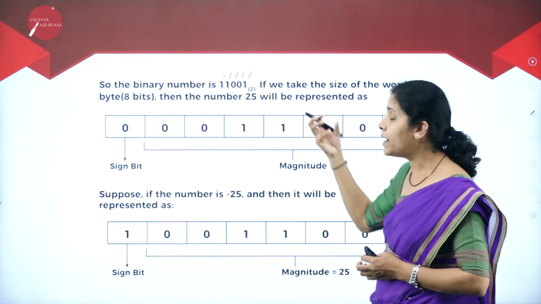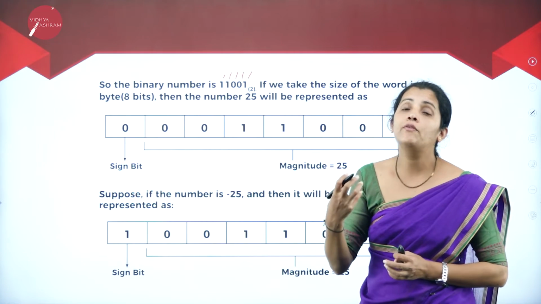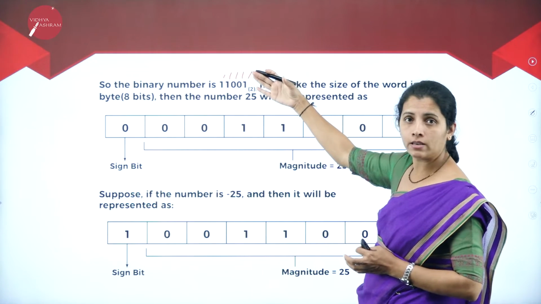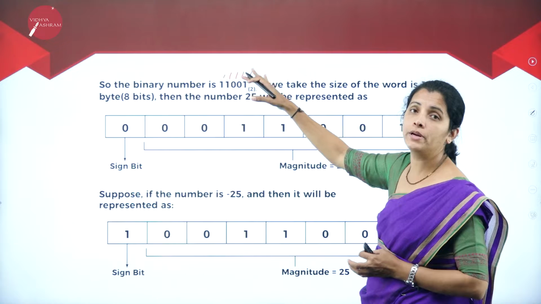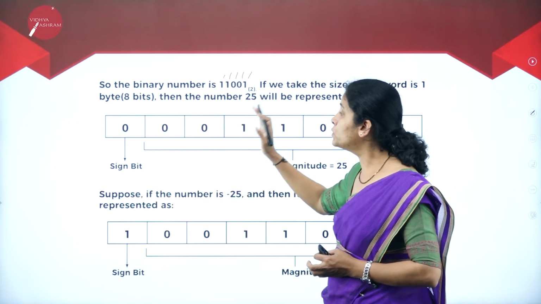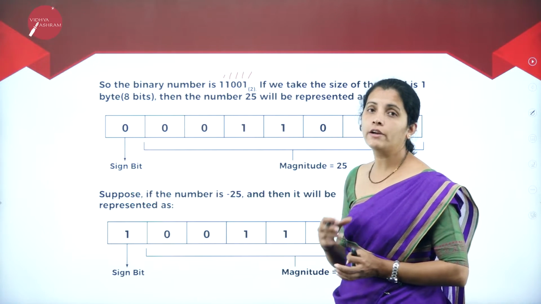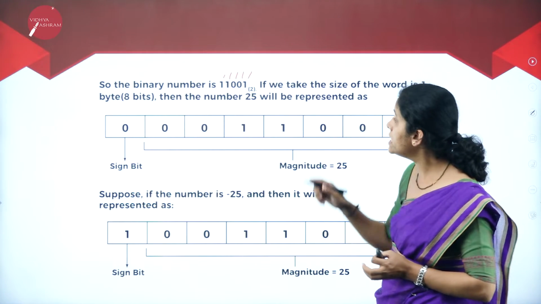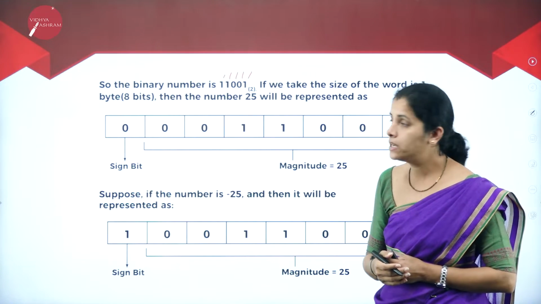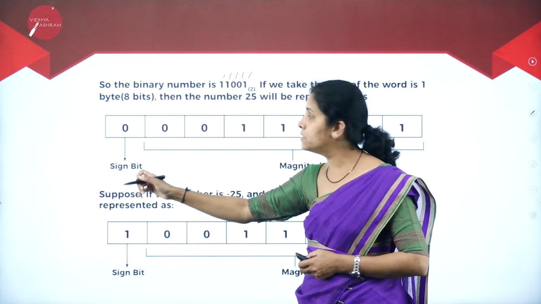It is 5 bit. But I want to represent it in 8 bit. I have only 5 bits, so to make it 8 bit, I add 3 zeros at the end.